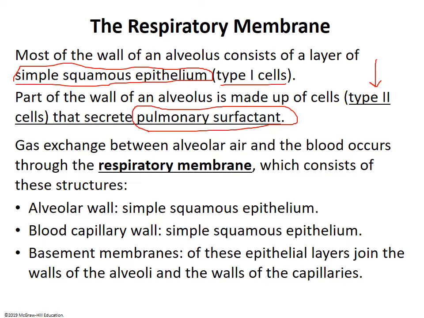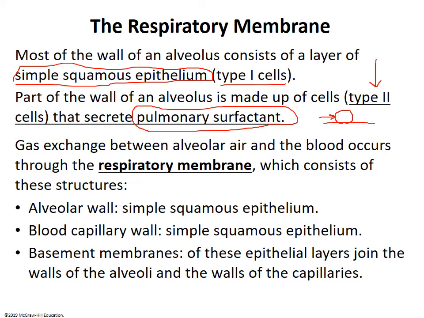birthday. So again, what they do is, if I've got a piece of wax paper and I put a drop of water on it, it'll bead up like this because of the surface tension. The molecules at the surface of the water are going to have a tighter grip on each other than the molecules in the middle, so they will pull together, so they have a lot of elastic recoil.